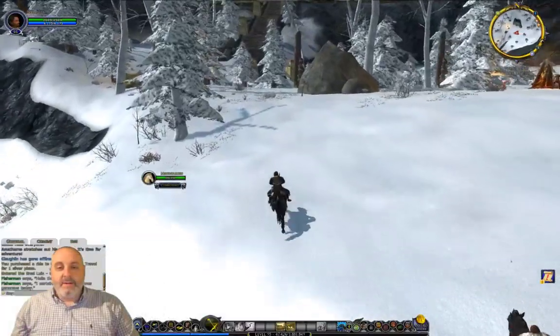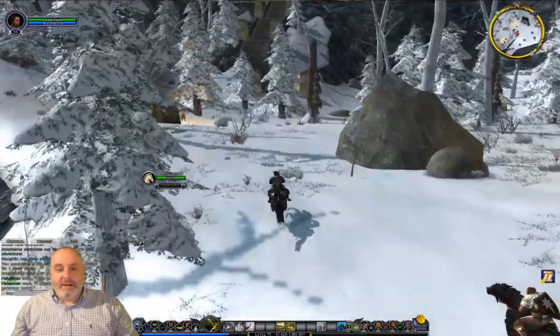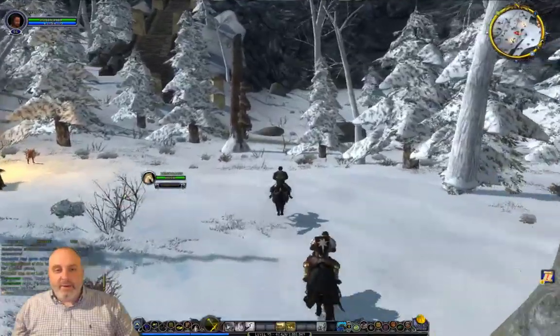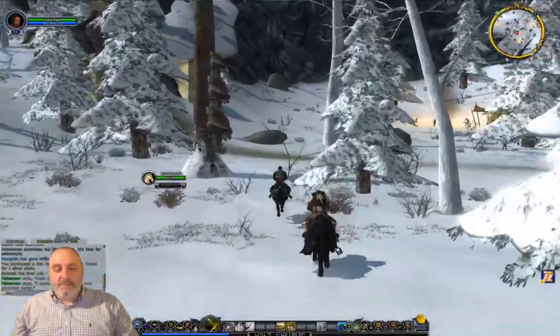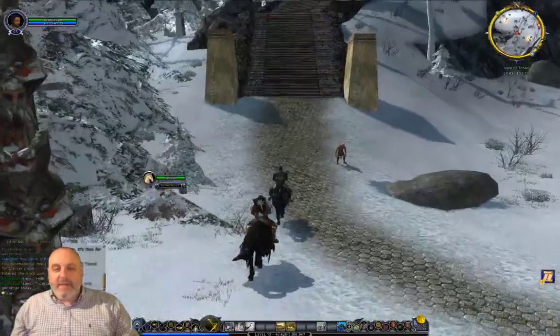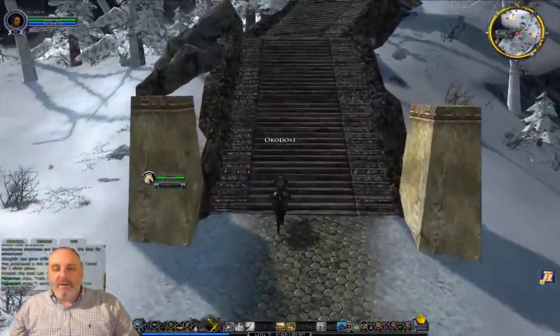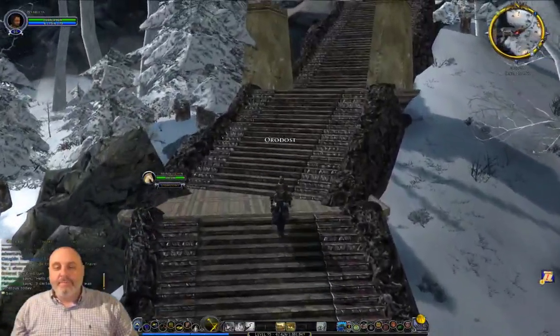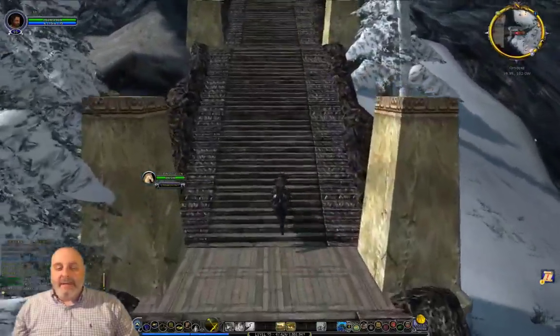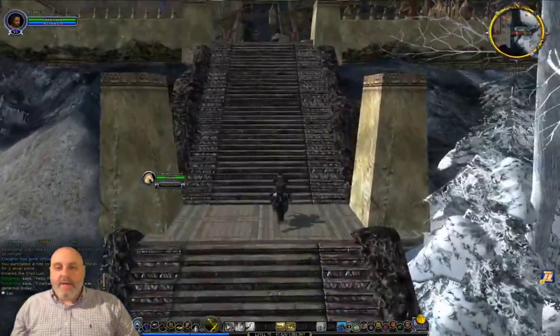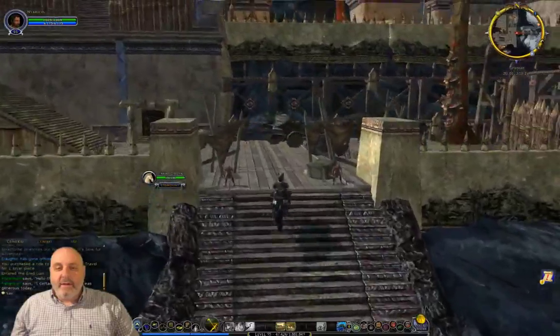Until the opening to Sarnur, which looks to have collapsed. So my theory was that the opening to the underground portion of Sarnur caved in. And the Longbeards came.